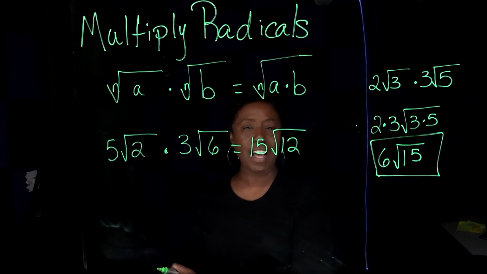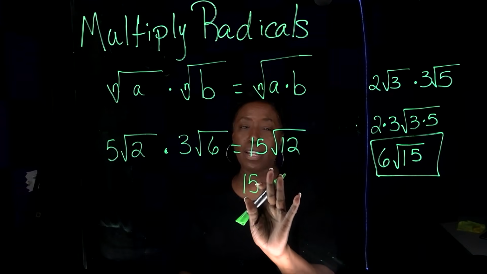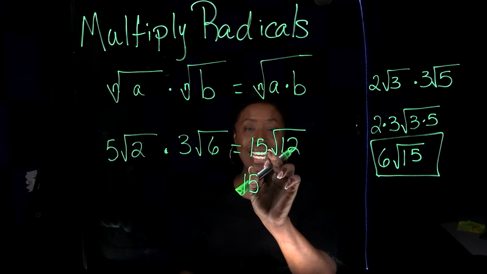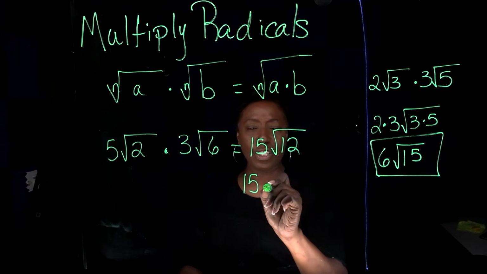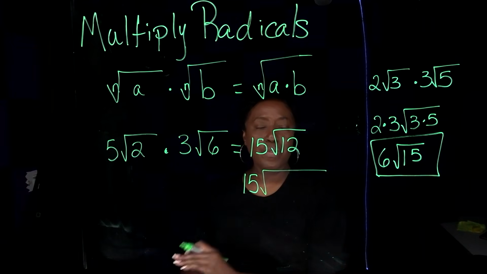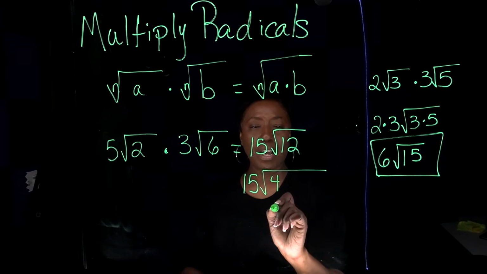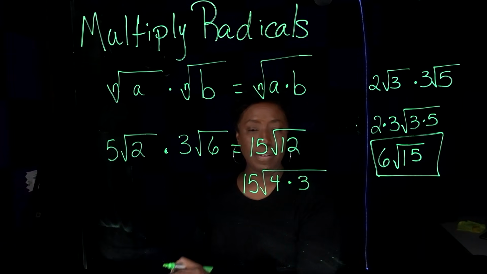So let's simplify the square root of 12. And recall again, folks, this answer reads right now, 15 times the square root of 12. So to simplify the square root of 12, the biggest perfect square factor of 12 is 4. So we will rewrite square root of 12 as square root of 4 times 3.